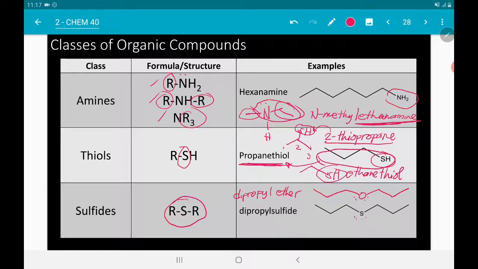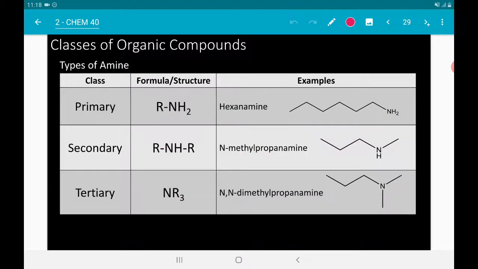Okay? So, since sulfide siya, okay, since S siya, dipropyl pa rin, and then sulfide. So, pakilagyan na lang ng space. So, kailangan ng space dyan. Ito, correction, okay? So, that's how you name sulfides.